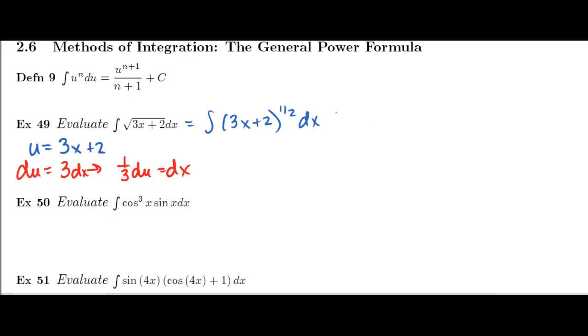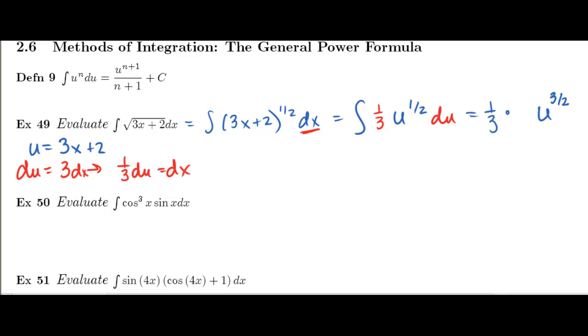Now putting that all together, we've got the integral of u to the 1/2, and then we've got our 1/3 du for our dx substitution. Now we can use our power rule. We increase that exponent by 1. The 1/3 is just going to come along, and then we are going to increase that exponent by 1.